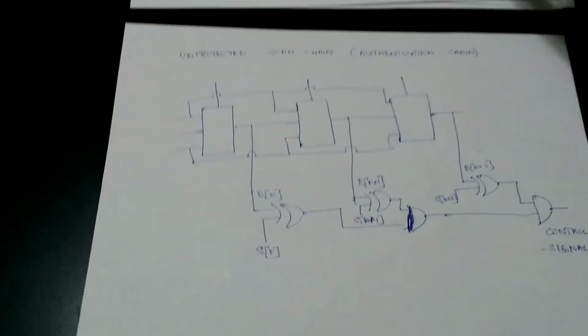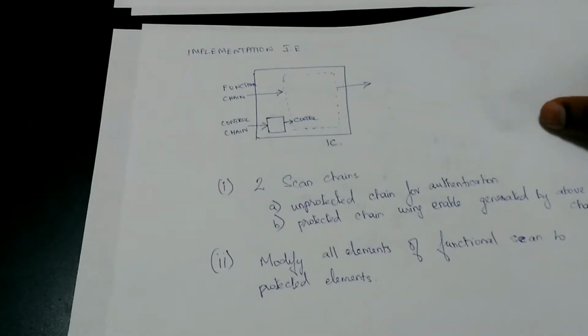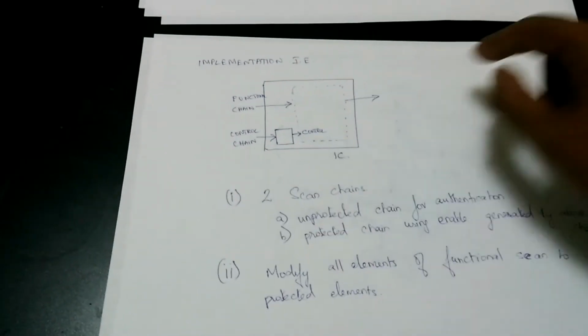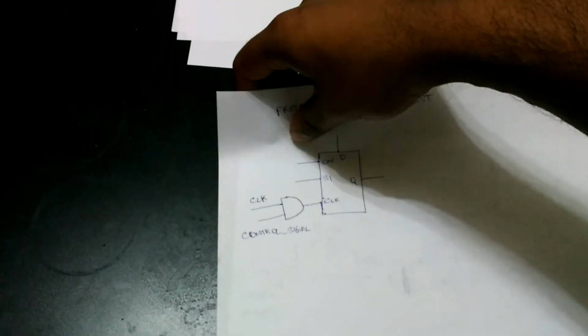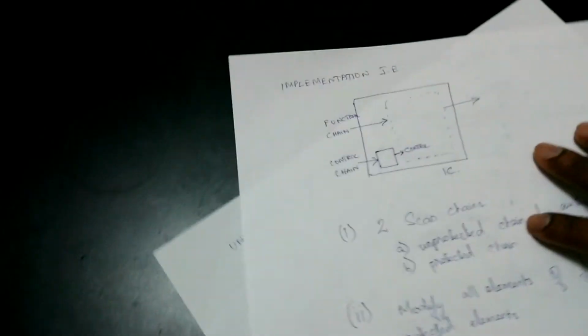This control signal is what is generated at this point, and this reaches the flop that looks like this, which is present all over the functional scan chain shown here.